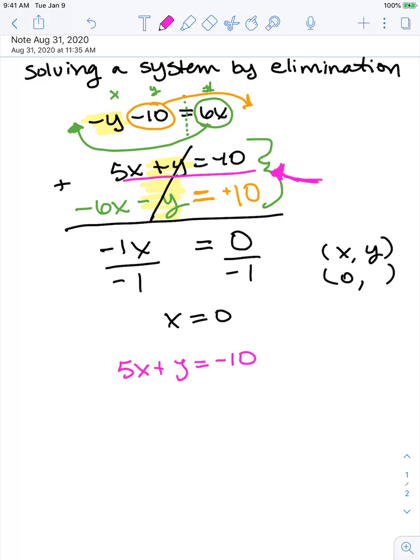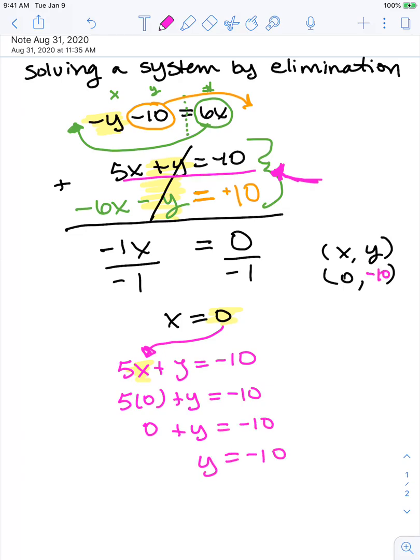And I'm going to plug my 0 in for my x. So this number goes in here. And I will say 5 times 0 plus y equals negative 10, which is 0 plus y equals negative 10. So y equals negative 10. And that's my system.